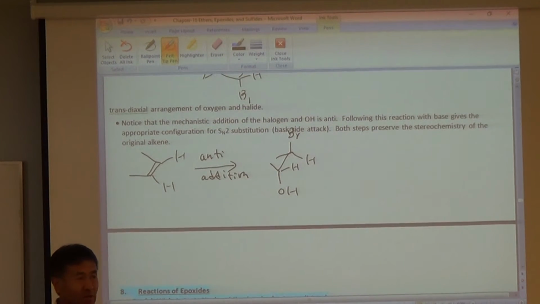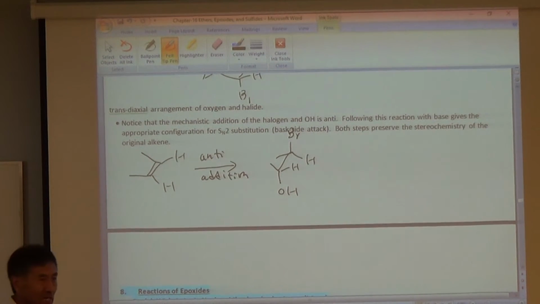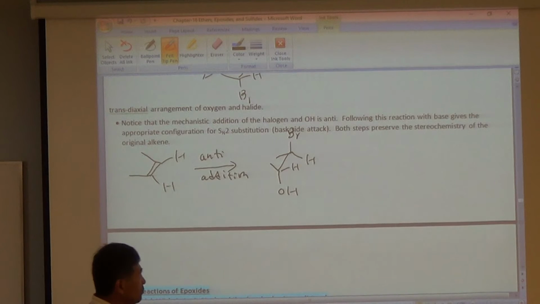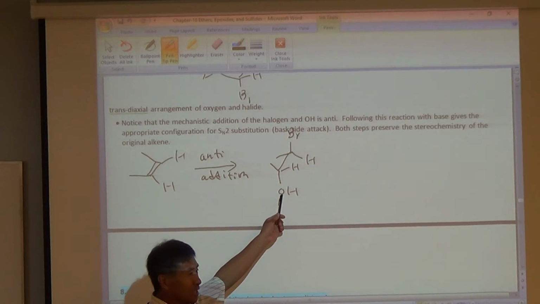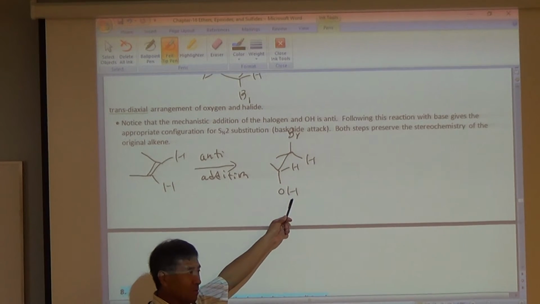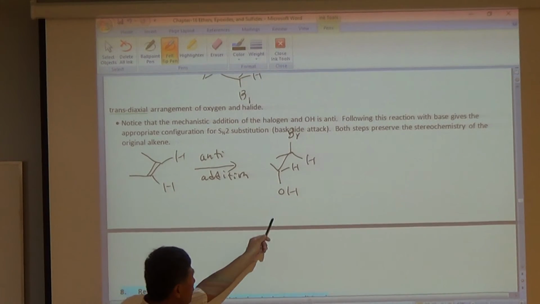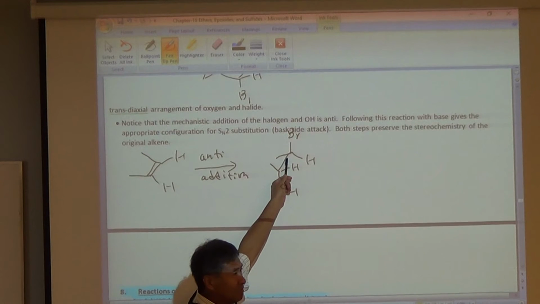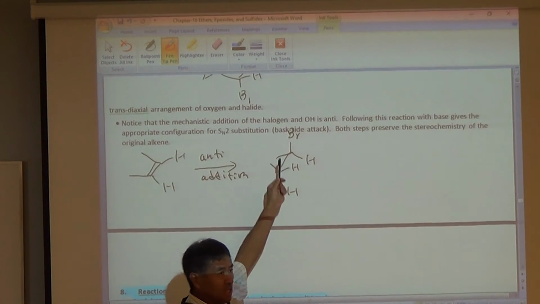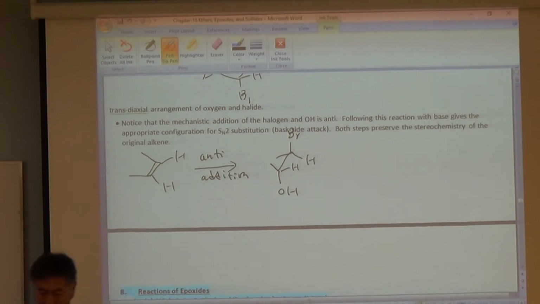The next step is base-catalyzed ring closure. Okay? Which means you use some base, you will take this H away, then it becomes an alkoxide. The alkoxide becomes a very good nucleophile, attacks the carbon from underneath and pushes that Br out.